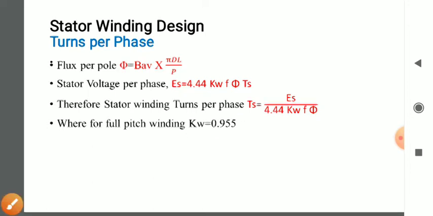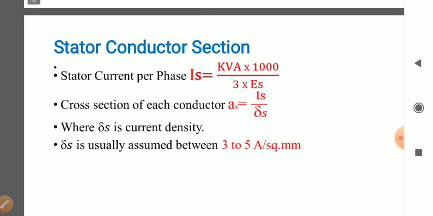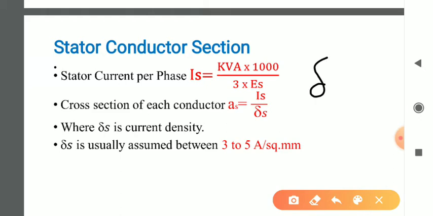Then how to calculate the size of the conductor? Size of conductor is nothing but the conductor cross-sectional area, and this area is calculated by using the current density equation. As you know, density is the ratio of the quantity divided by area. The current density is denoted by del, and del = current I divided by the area.